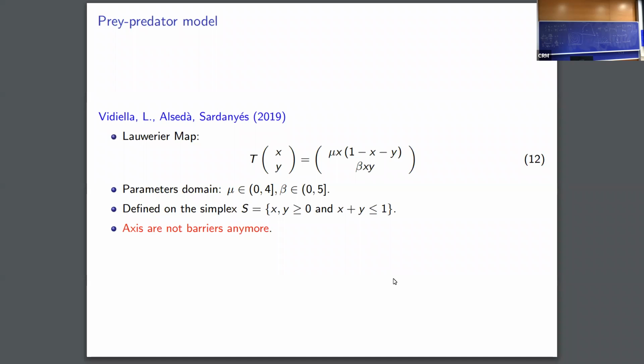Okay, so the simplest domain to consider is this triangle. Why this triangle? Well, at first sight, this is in principle the triangle where the dynamics has meaning. Why? Because you have here this term. If this term is negative, if you are outside this triangle, it has no sense.